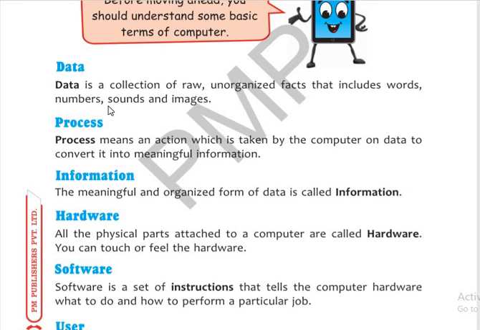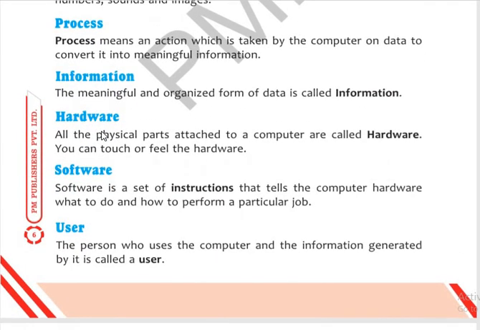Hardware is all the physical parts that you can touch or feel. And software, that you cannot touch, is a set of instructions given to the computer to perform a particular task. For example, 2 plus 2, here plus is an instruction given to the computer to perform the addition operation.